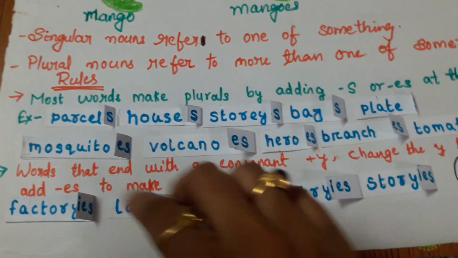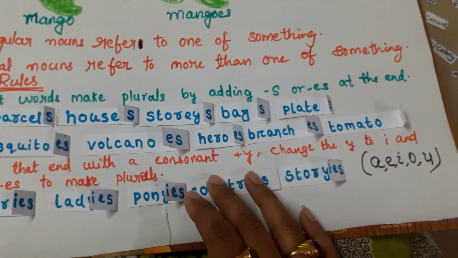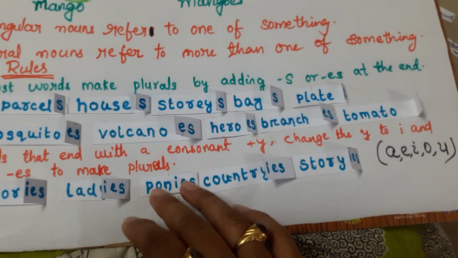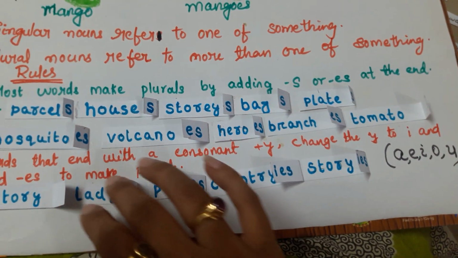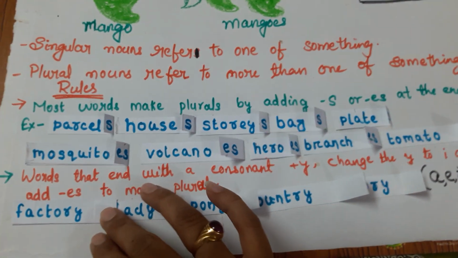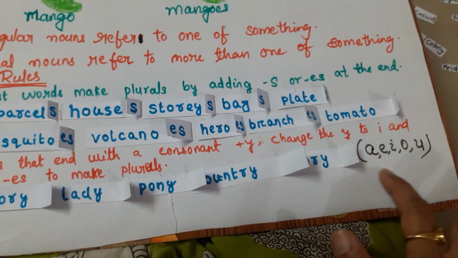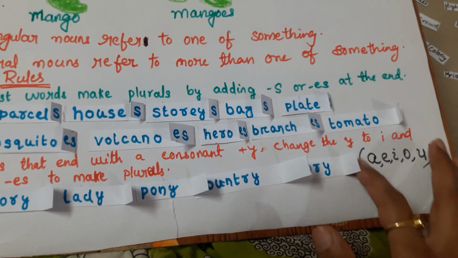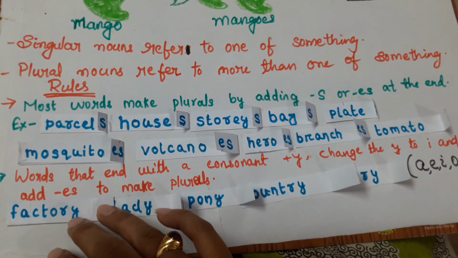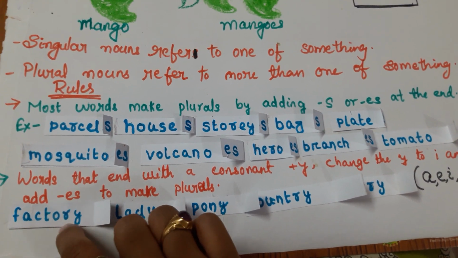Now let us go ahead with another rule: words that end with a consonant and y, change the y to i and add es to make plurals. I hope you know what consonants and vowels are. The letters a, e, i, o, u come under vowels and the rest are consonants. Now look at these words, they end with y and there is a consonant letter before y.